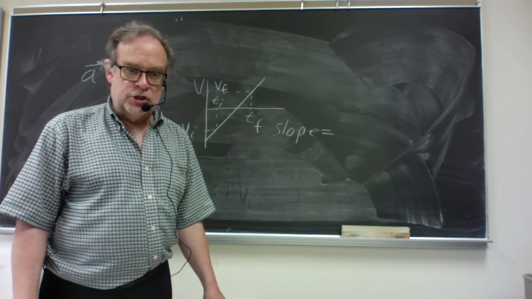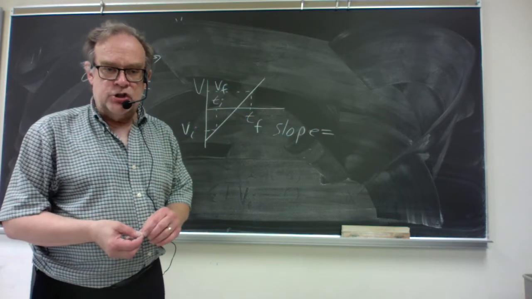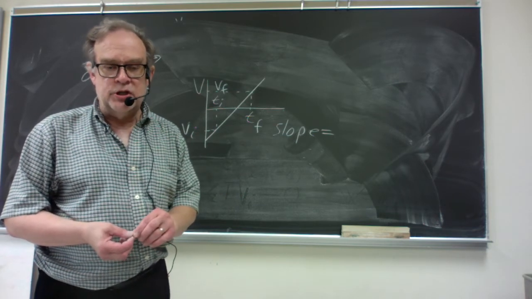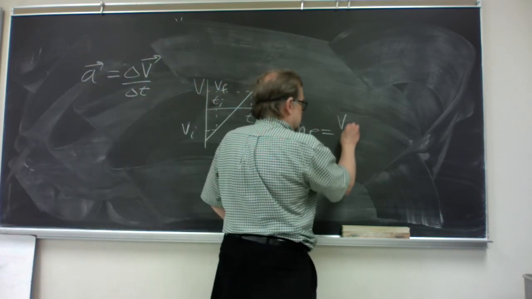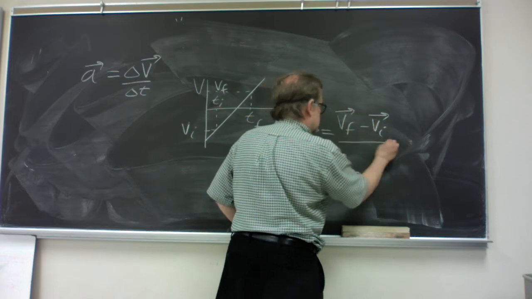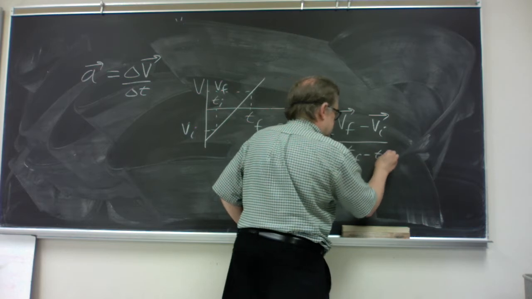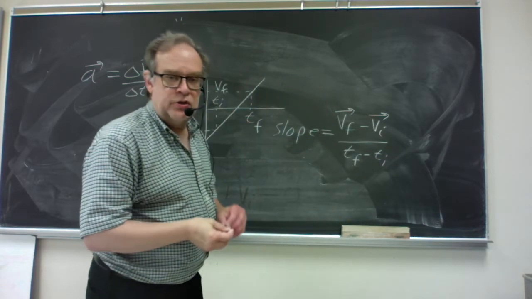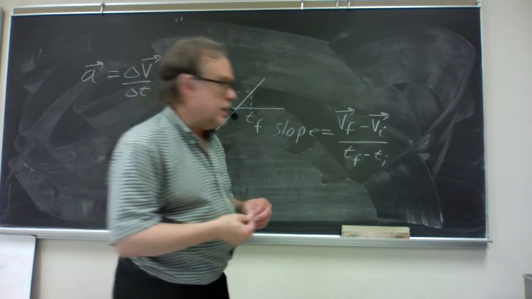And the slope is just the change in the vertical variable, which is velocity in this case, divided by the change in the horizontal variable, which is time in this case. So that change is just the final minus the initial value of velocities divided by the final minus initial times. We can write those final minus initials in a more compact way.